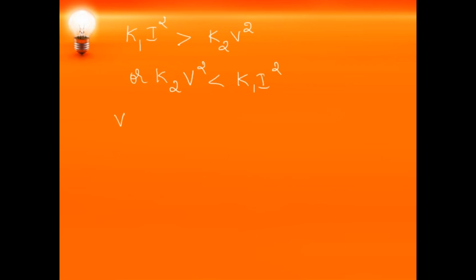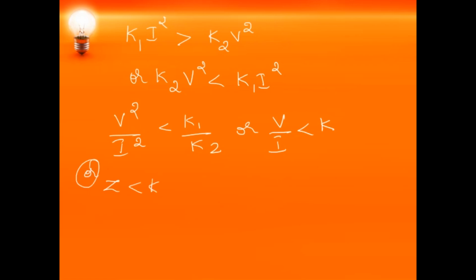That means V square by I square should be less than K1 by K2, or V by I should be less than K, where K is a constant, or we can say that Z should be less than K. So whenever the measured impedance is less than the preset impedance level, the relay is going to operate. This is for electromagnetic type relays.